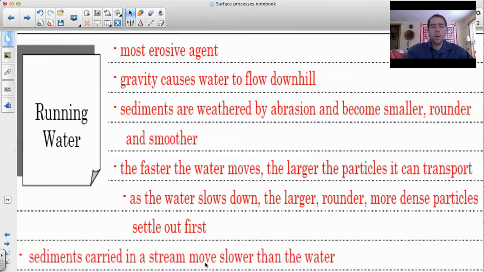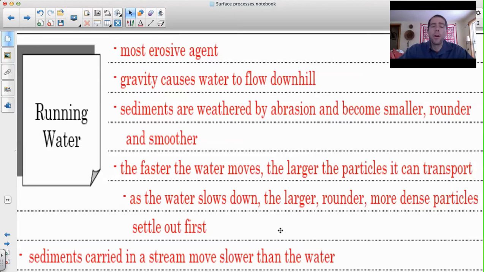And sediments carried in the stream tend to move slower than the stream itself. So if you can imagine a cross-section of land and a stream flowing down, the stuff that's floating inside, that's suspended, is going to be moving with the stream, but a little bit more slowly than the stream itself.